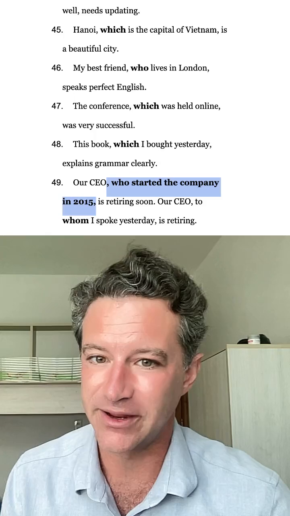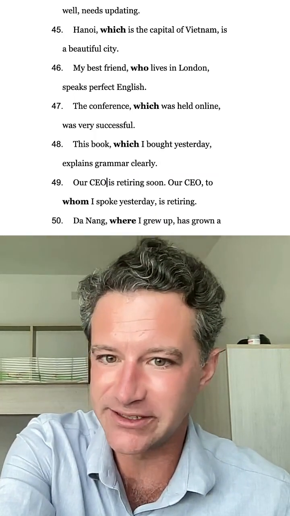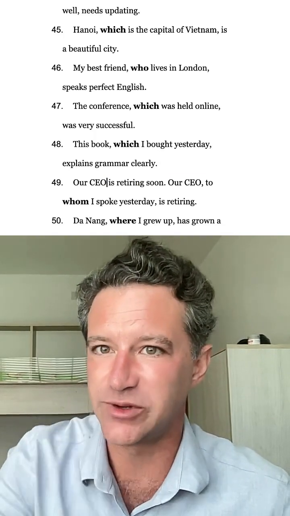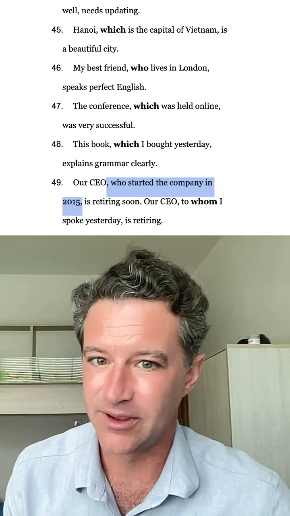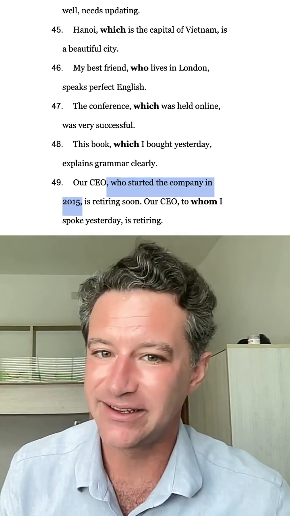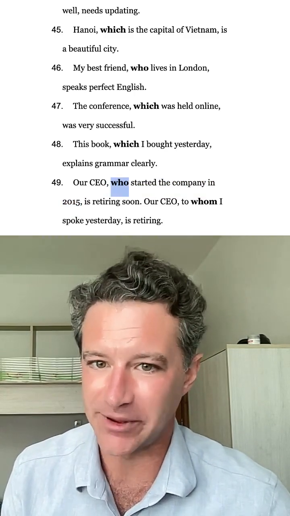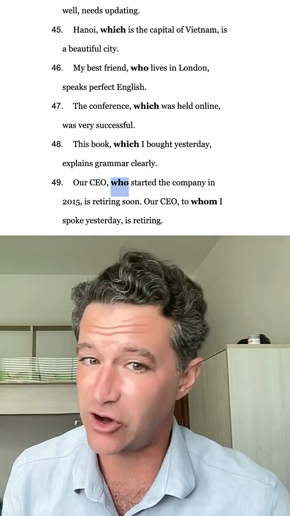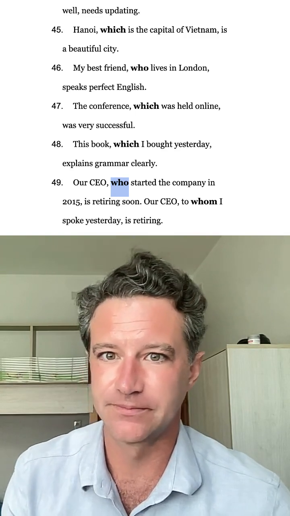But this other part, this is an independent clause. So our CEO is retiring soon. That sentence is correct. But if we want to add this, we need 2 commas, right? Our CEO, who started the company in 2015, is retiring soon.